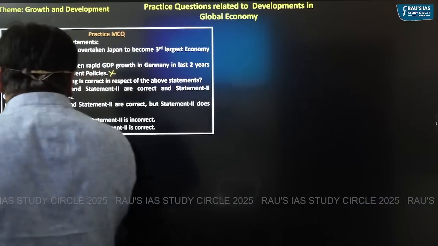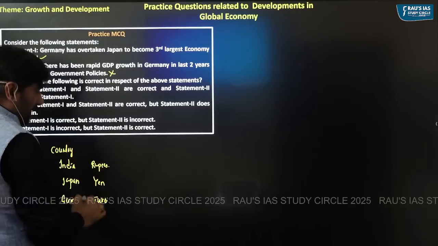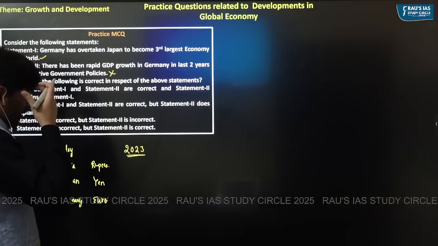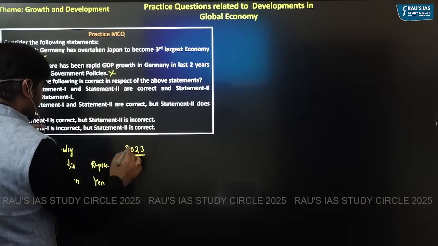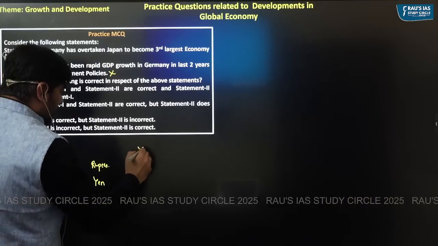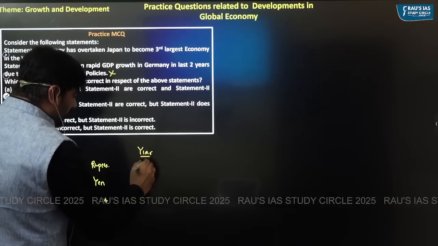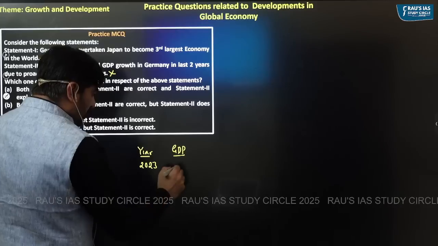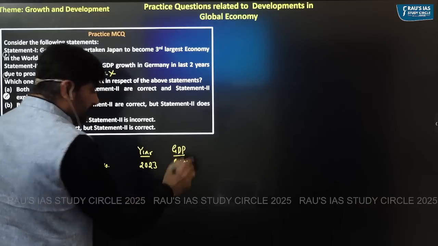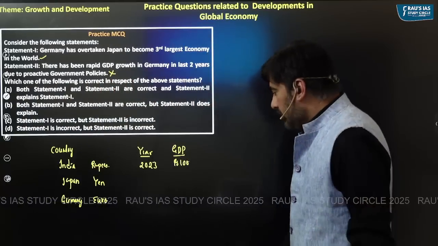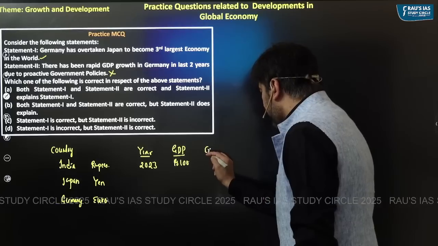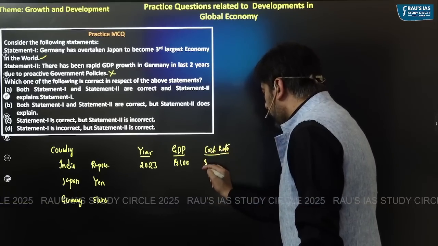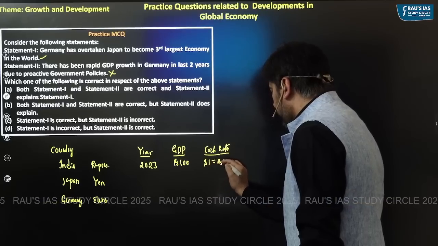So, for example, let's talk about India. In the year 2023, let's say our GDP size was equal to rupees 100, and the exchange rate was $1 is equal to rupees 100.